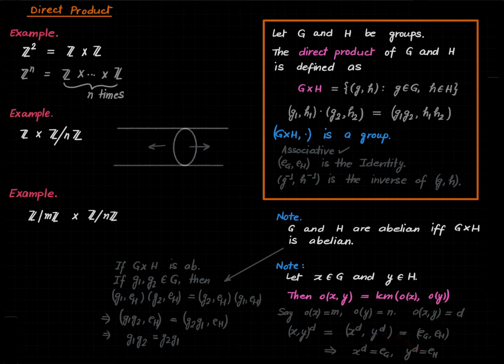So this shows that d is at least the least common multiple, but you can also easily check that in place of d, if you write the LCM of the order of x and the order of y, that will make this equation true. So you can fill up the rest of the details. I have done one direction, the other direction you can do.